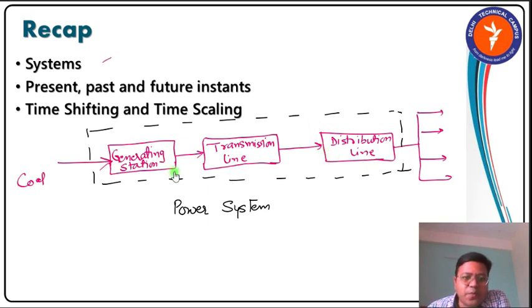So this will not be a proper systematic arrangement. In order for a system to work, all the components must be arranged systematically to produce the desired output on the excitation. Okay, so this is what a system is.